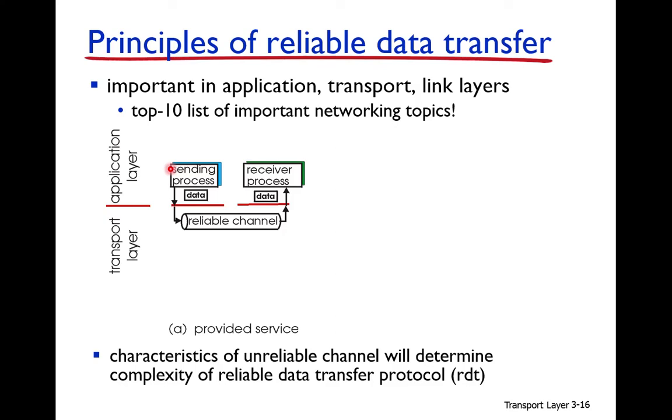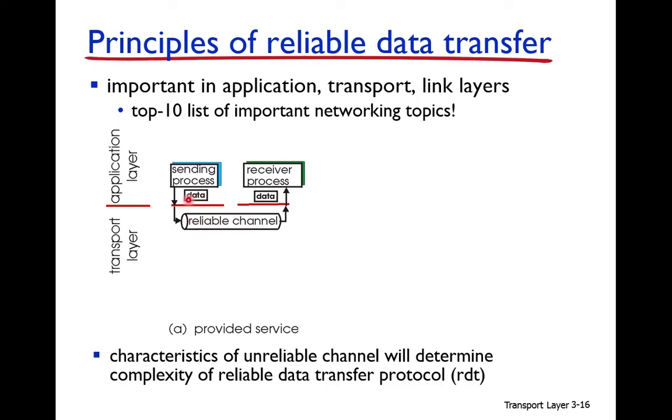If you remember, the sending application, which is the application layer, generates the data and gives the data to the transport layer. The application wants the transport layer to send the data reliably.